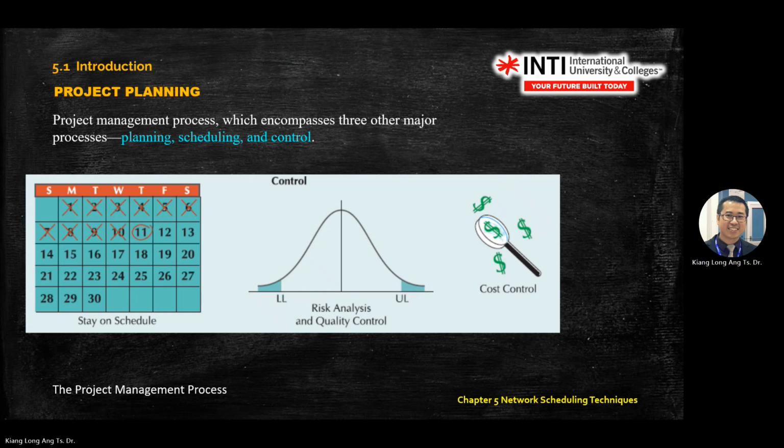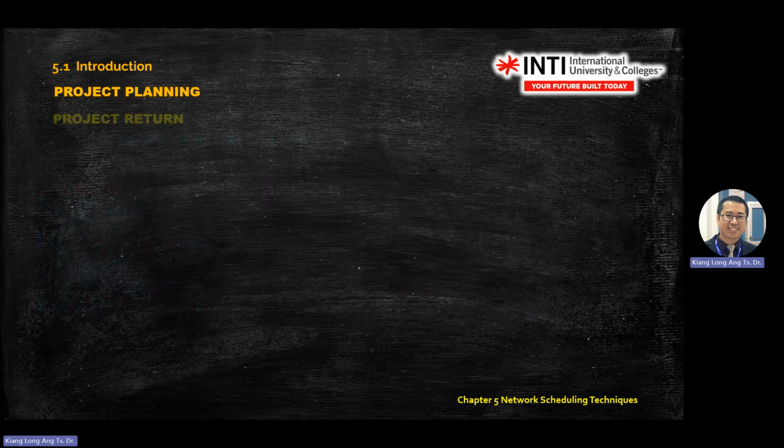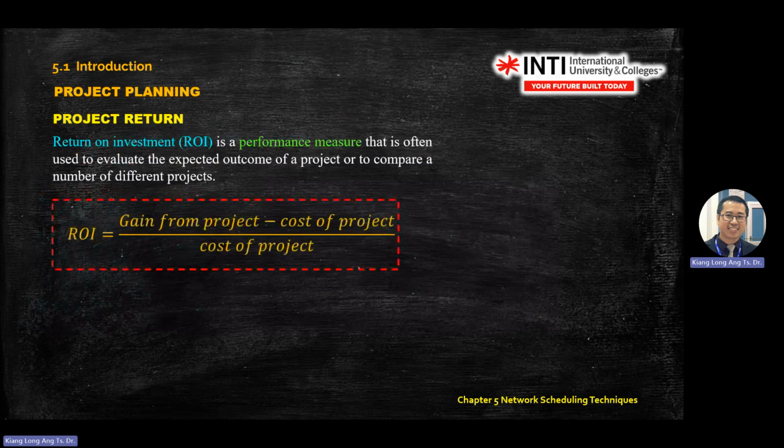Okay. So when we look at project planning, your KPI as project manager is the P&L, profit and loss. In your P&L statement, there's one important term, which is ROI, return on investment. This is a very simple mathematical formula.